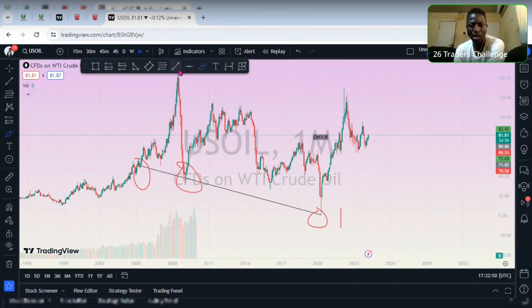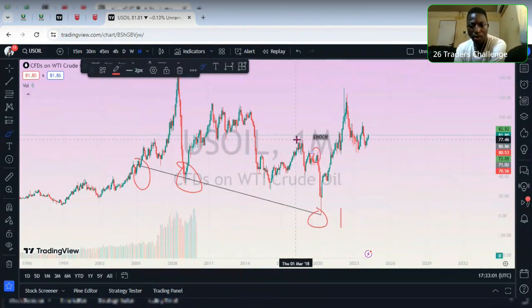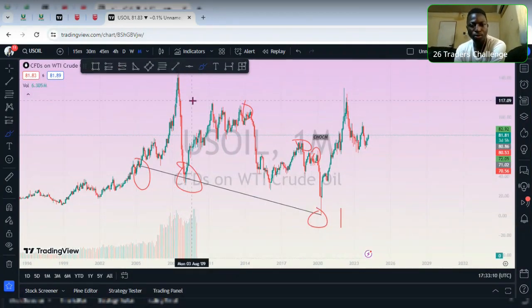Something had happened. You can tell me that. And we had a lower high here, the last. We had one lower high here, another one here, and this one here as well, up to this point. So what is this now at this moment?